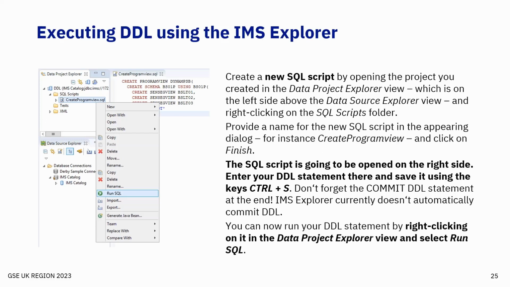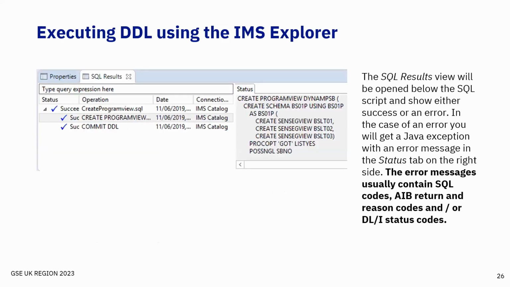And then if you wanted to run it, you can just do a right click and choose Run SQL, and your DDL gets submitted. It goes through IMS Connect, goes through ODBM into IMS, and it gets processed. And then the SQL results view will open up below the SQL script, and you'll see your SQL on the right-hand side, and it'll say it has successfully completed.